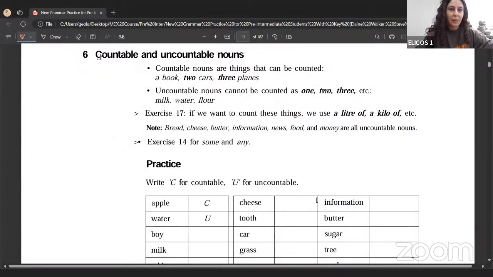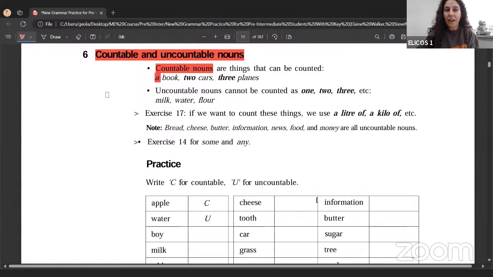Let's go through talking about countable and uncountable nouns. So as I said, when you have countable, it means that you can count it. Like you have one book, two books, 3 books, 4 books, 5 books. So you can see with the countable, they are things that can be counted.